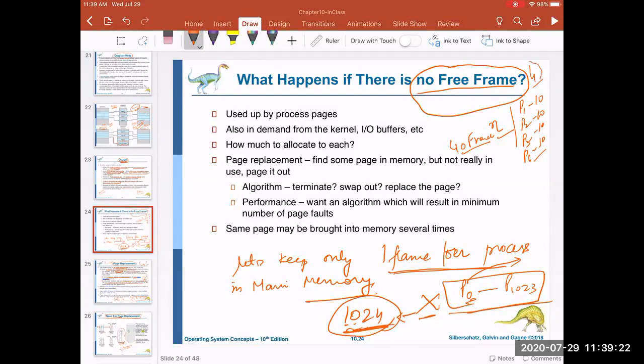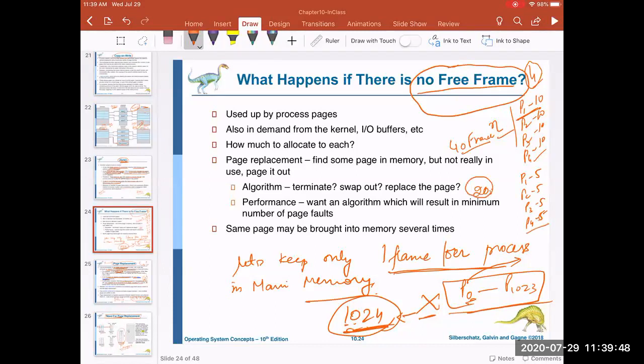In this case, we can increase the multi-programming if we run each process with only half of its pages. Let us suppose P1 is running with 5, P2 is running with 5, P3 is running with 5, P4 is running with 5. With this, only 20 frames are consumed from the memory, and 20 are free.